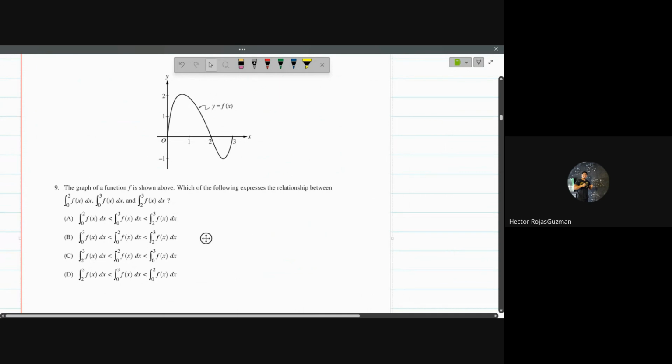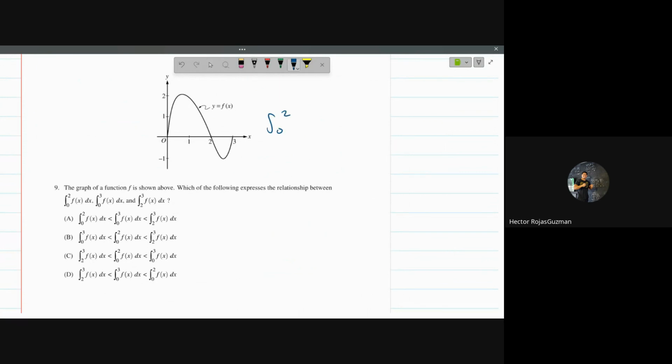Okay, well, the integral from 0 to 2, an integral is just area, right? Look at all the positive area that we have. So we have positive area. The integral from 0 to 3 is all of this. So we have positive area, and then we have negative area.